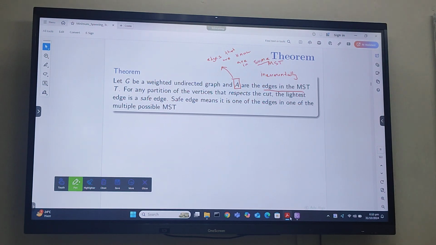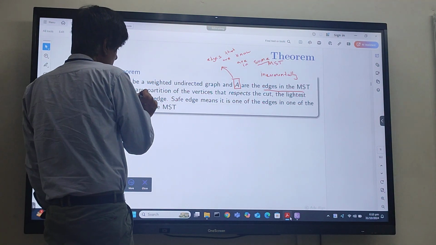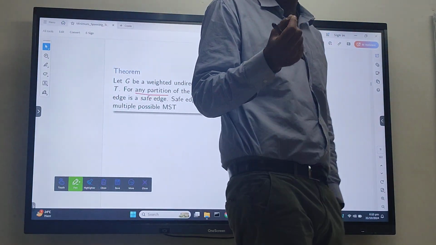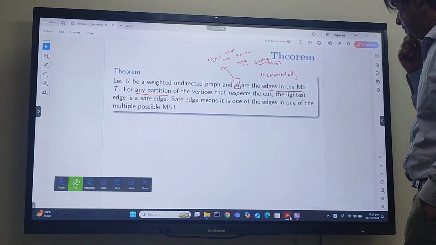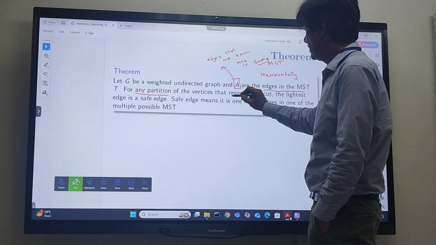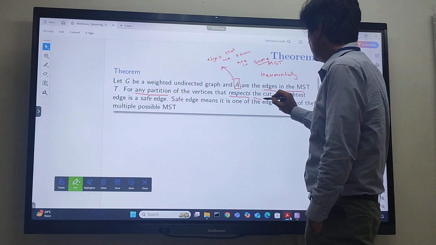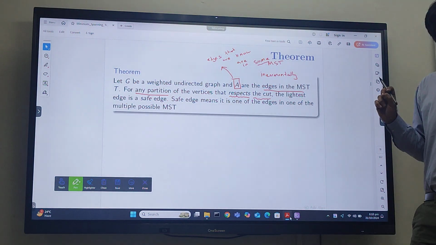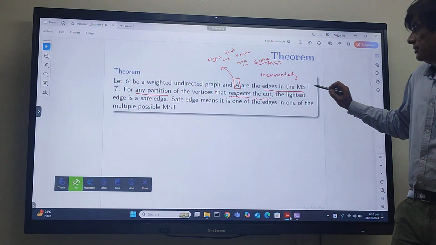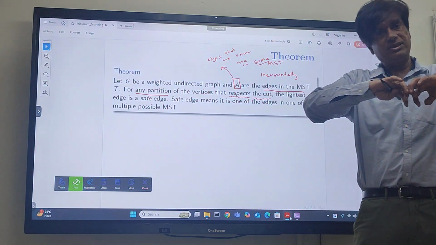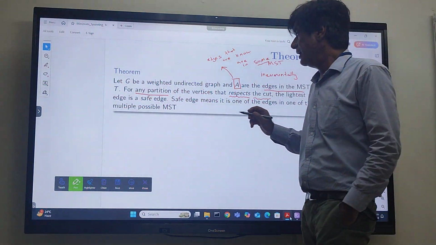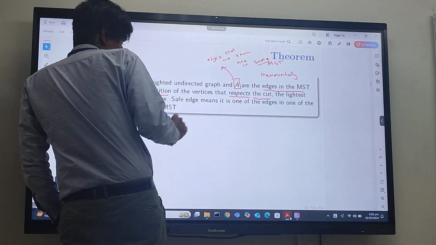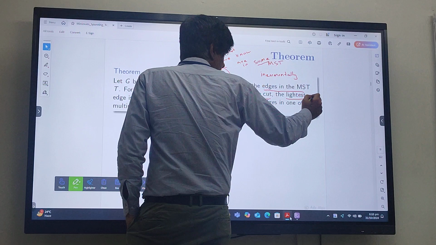So for any partition, the partition can be any partition, but it has to follow one condition only. And the condition is that it respects the cut. We'll see what we mean by respects a cut. So for a partition that respects the cut, the edge with the minimum weight, the lightest edge, is a safe edge.